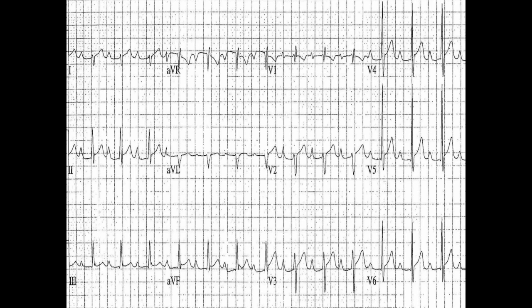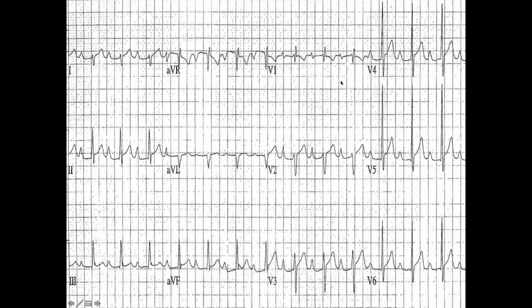Left atrial enlargement, do we have that? So looking at lead 1 and lead 2, do I see any P mitral? Do I see a wide notched P wave? I don't. Do I see, in lead 2, lead 3, a tall peaked P pulmonale P wave? I sure do. Right there, so we get signs of P pulmonale.